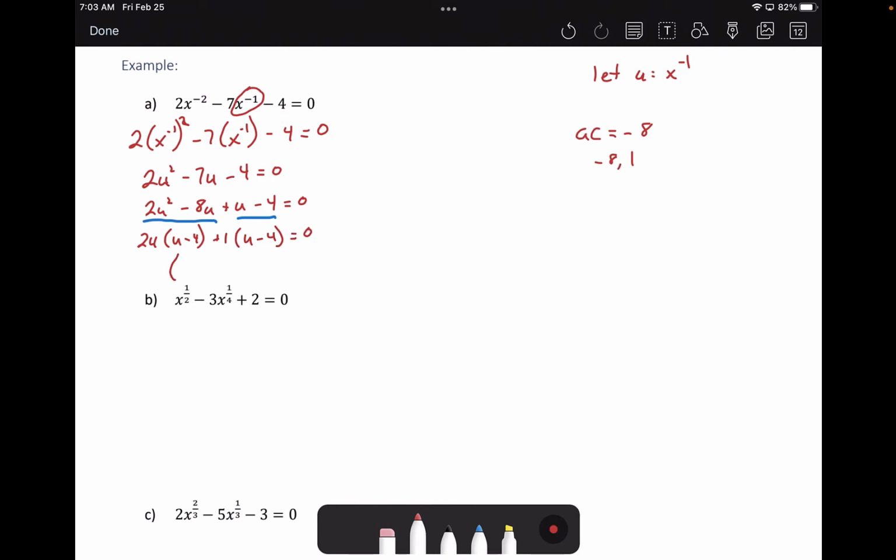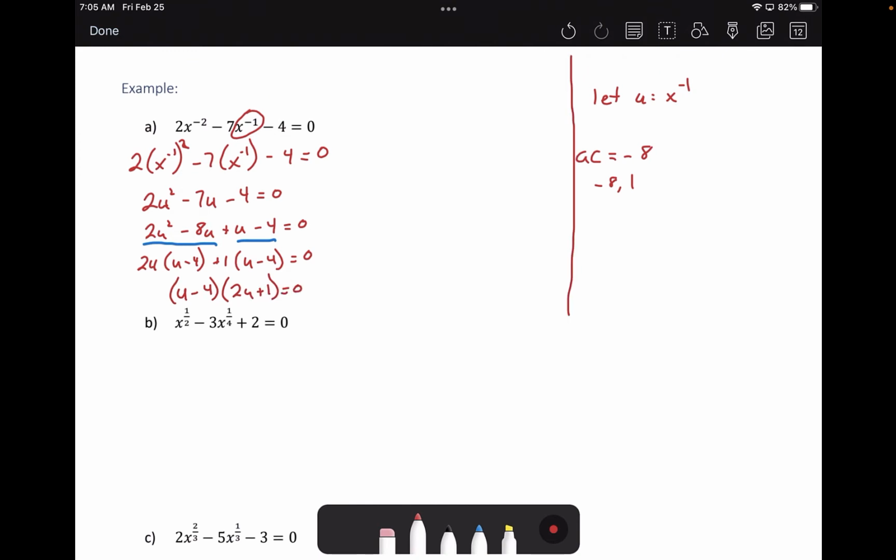Notice the parentheses are the same, so we'll factor out those parentheses. u minus 4 times 2u plus 1 equals 0. So we'll set each factor equal to 0 and solve each of these. u is equal to 4 and u is equal to negative 1/2.